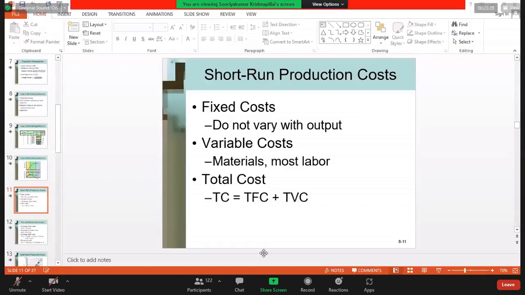So variable cost will have a positive slope. We will study in the next slide how the variable cost curve looks. Then total cost is the summation of total fixed cost plus variable cost.